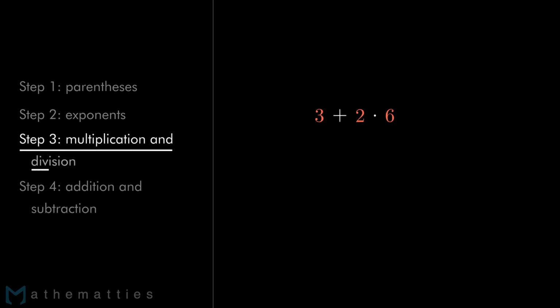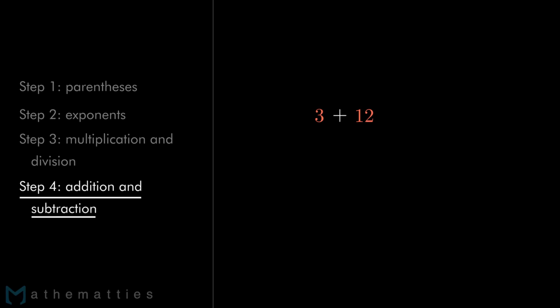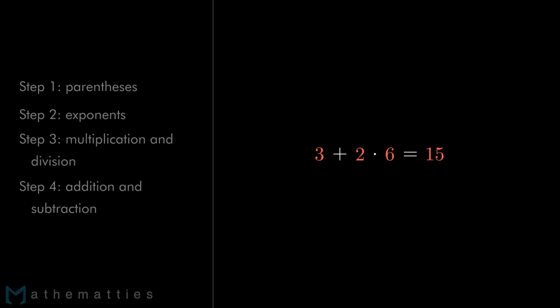But we do have multiplication. 2 times 6 is 12, and all multiplications and divisions are now done. So we are left with the adding. 3 plus 12 is 15. So we can conclude that 3 plus 2 times 6 is 15.